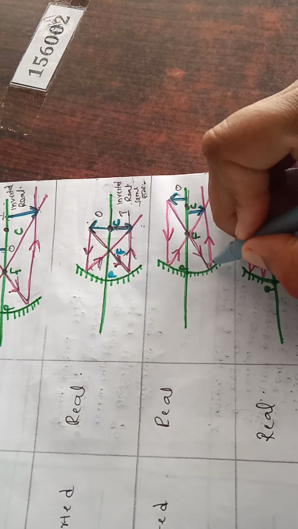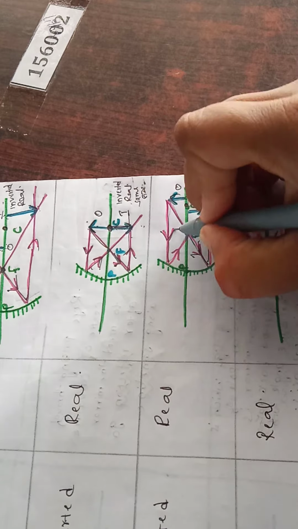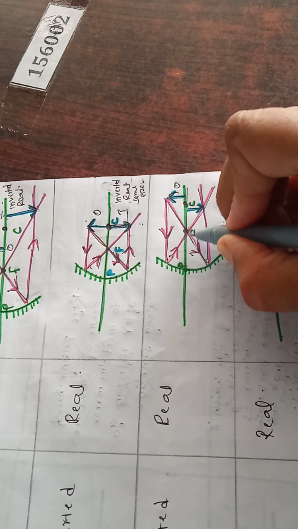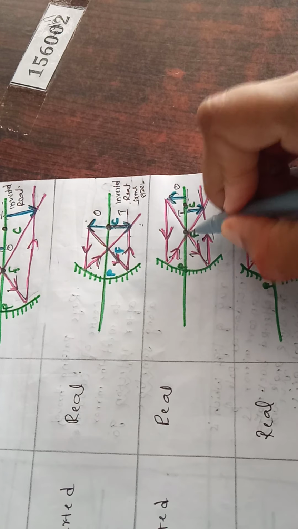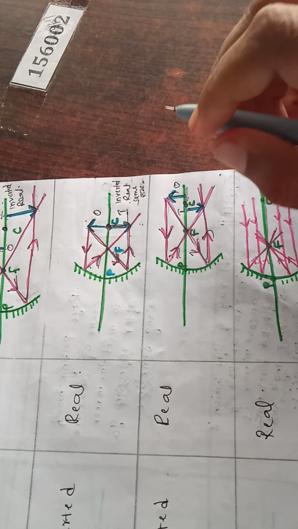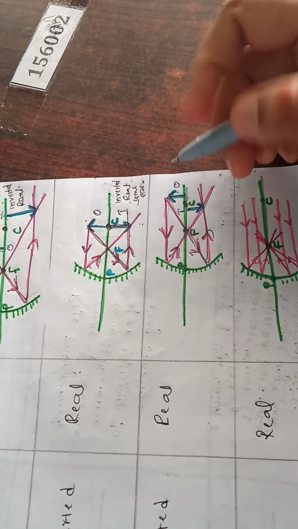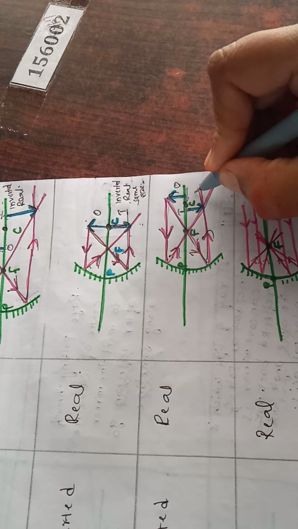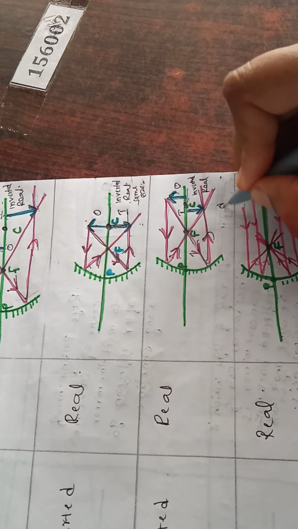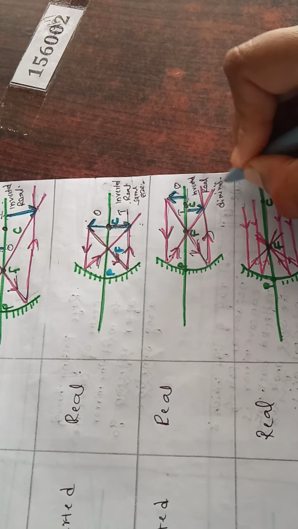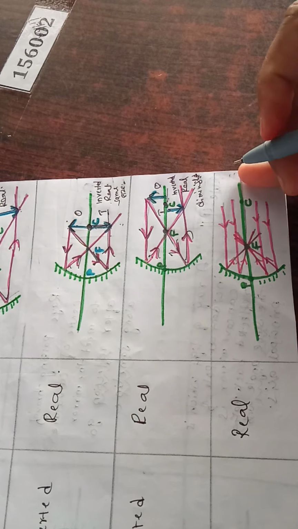So this is the incident ray, reflected ray, incident ray, reflected ray, and the image is formed between F and C. So this image will be diminished, means smaller in size compared to the object, and it is inverted, real, diminished image is formed, right?